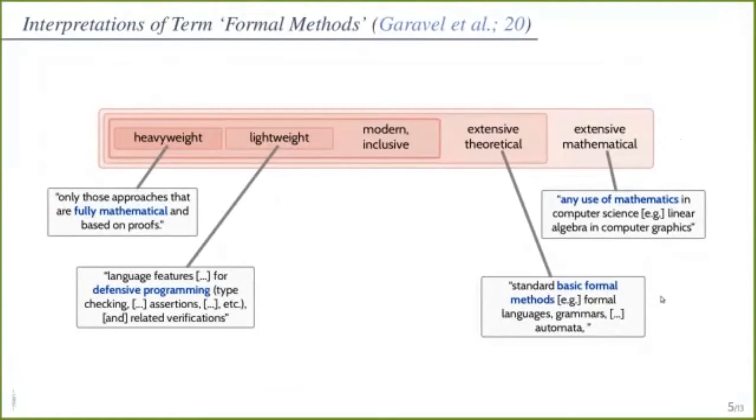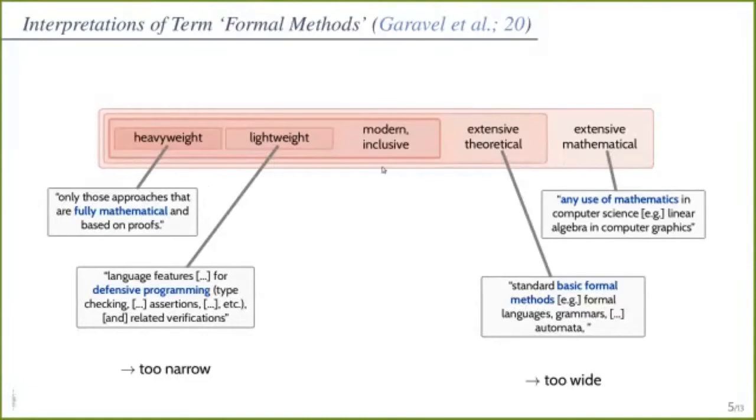These two are too broad for our purposes. On the left side, we have the lightweight and the heavyweight interpretation. Lightweight denotes language features like assertions and assertion checking, and heavyweight considers only those approaches that are fully mathematical and based on proofs. These, on the other hand, are too narrow for our purposes.